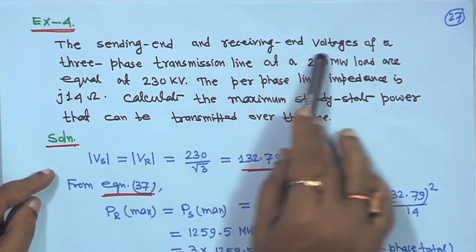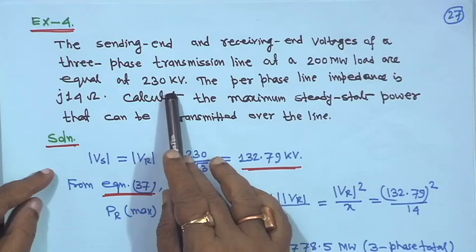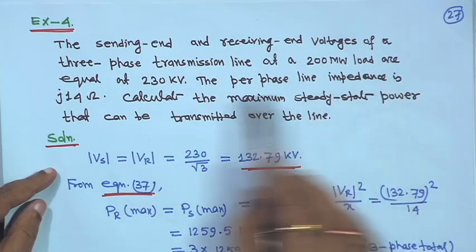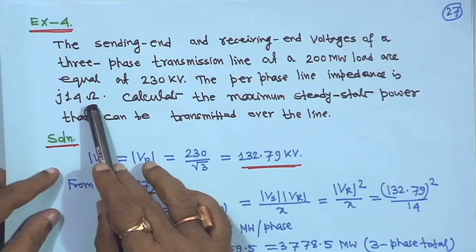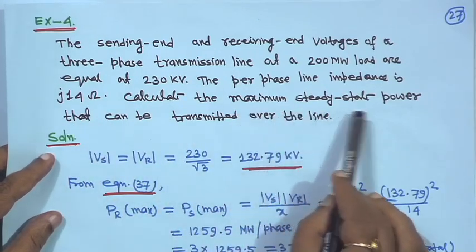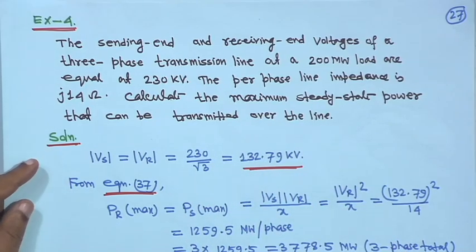That means the sending and receiving end voltages of a 3-phase transmission line at a 200 megawatt load are equal, that is 230 kV. The per phase line impedance is j14 ohm, that is R is neglected, reactance is taken. Calculate the maximum steady state power that can be transmitted over the line.